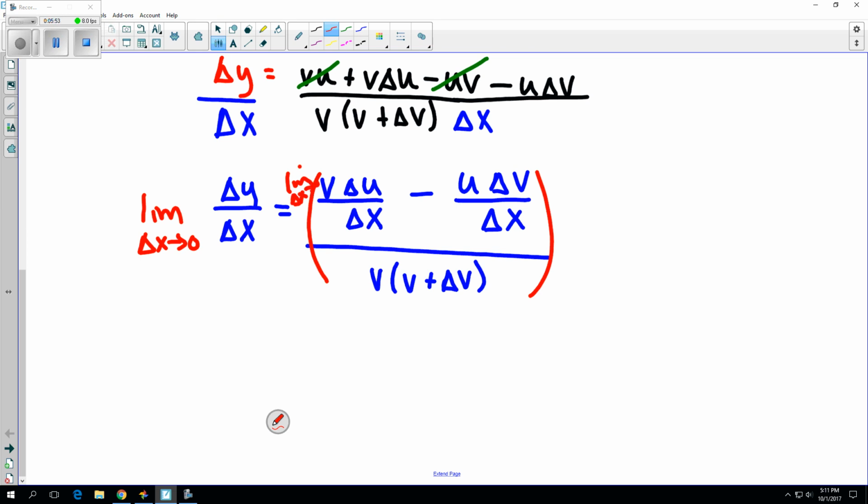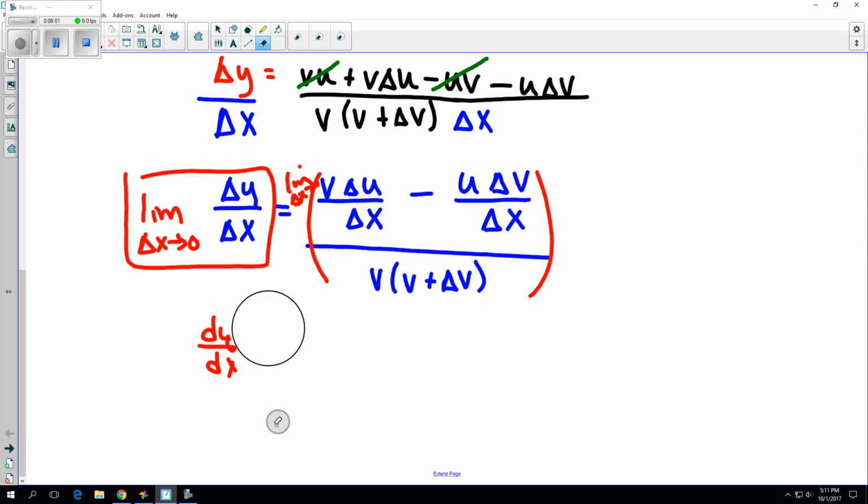This piece right here, by definition, is dy dx. So I've got what I want. Make sure you understand that that's a y and not a u. Change in y over change in x. Now I'm going to apply this idea of a limit individually.